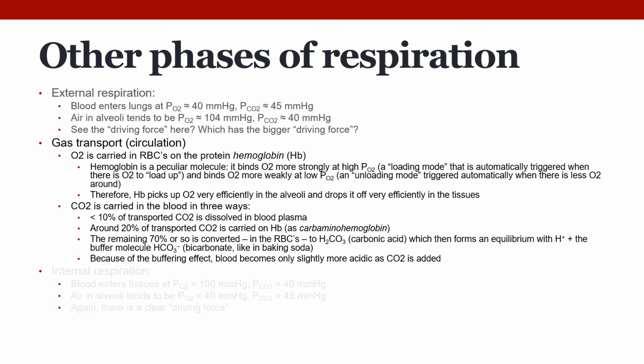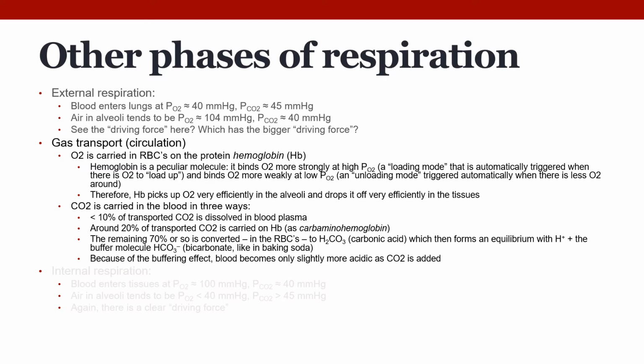Okay. Now, how do these gases get around? Well, first off, we just need to understand that 40 millimeters of oxygen or 100 millimeters of oxygen, either way, is not actually a very large amount of oxygen in the blood.